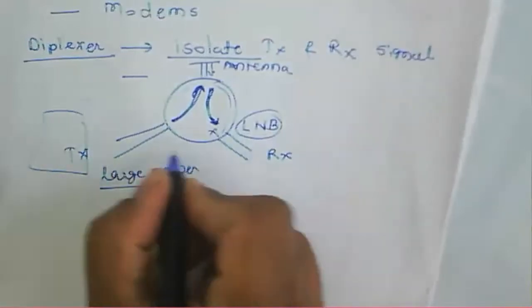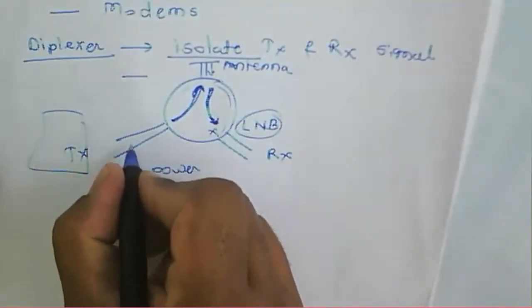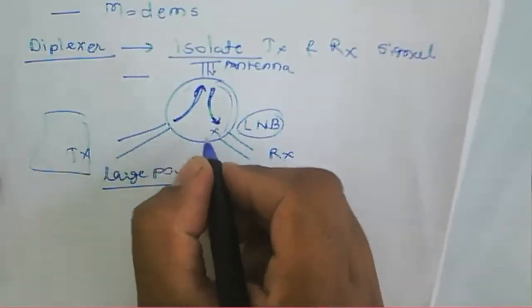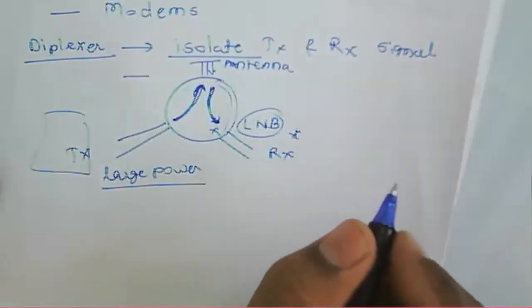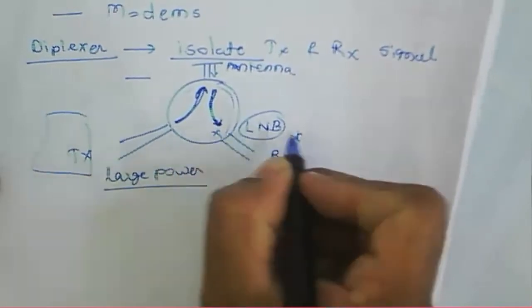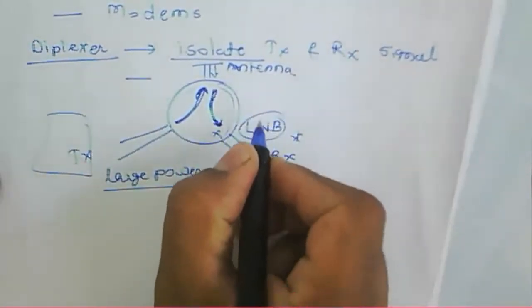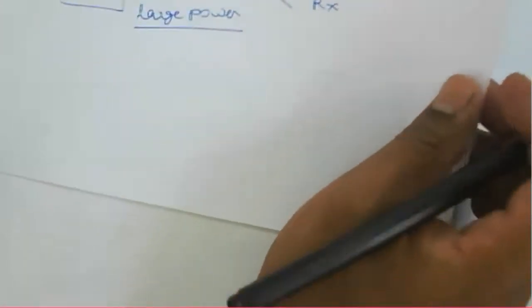So that's why that isolation is to be there. Even if a small leakage is transmitted from the transmitter to the receiver, the receiver may be damaged. So it avoids that leakage, and the receiver is isolated from the transmitting signal.